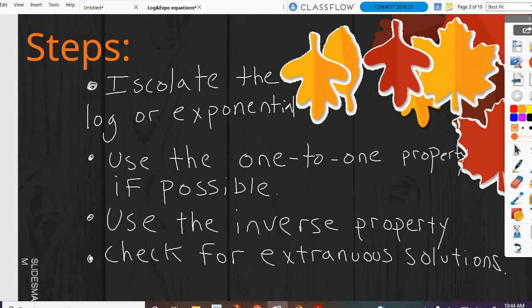Yes, no, maybe. Use some of our English skills. What's the word extraneous mean? A lot. Or like extra. Yeah, extra hard. You have to do an extraneous workout. Agreed? So for us, basically, it means an extra solution.